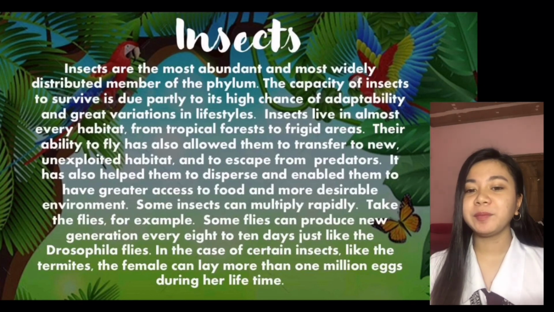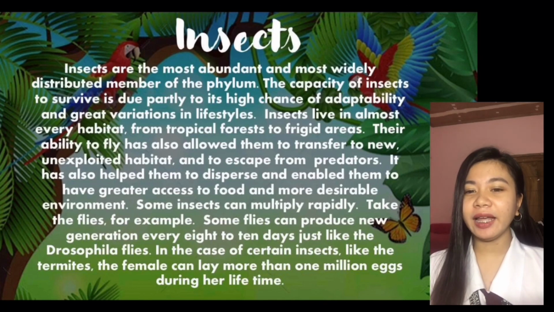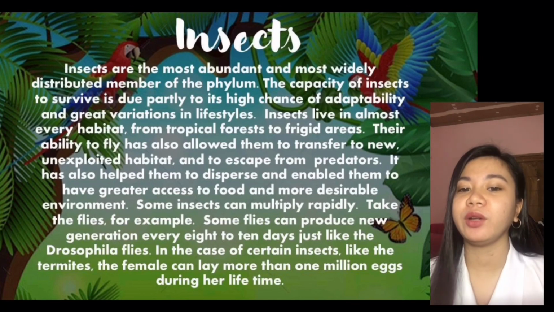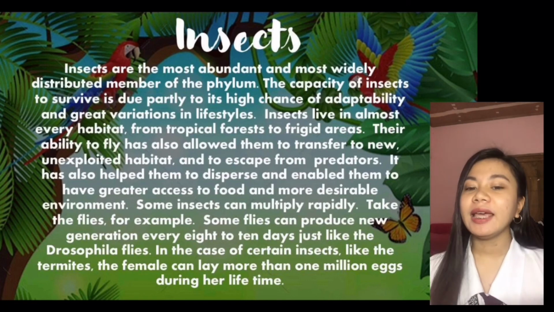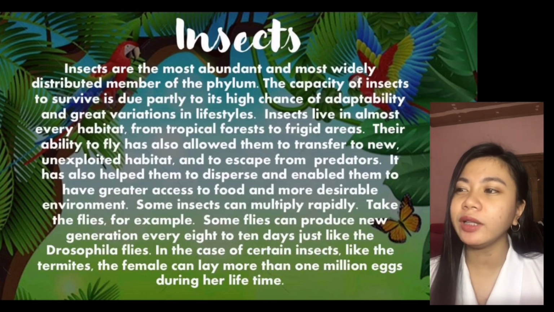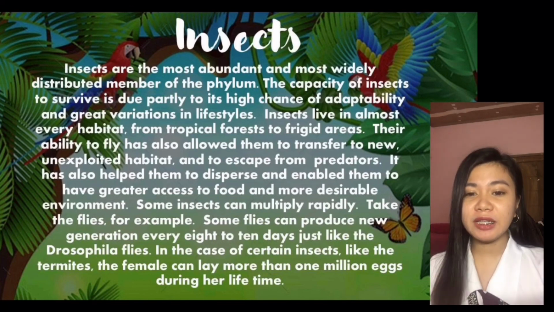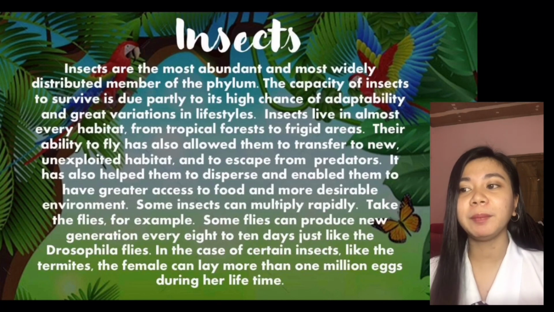And they are capable of living kahit anong klima or kahit saan tayo pumunta is merong insects. So, sinasabi din po dito na ang insects daw po ang most abundant and most widely distributed member of the phylum dahil mabilis po silang dumami and magparami.